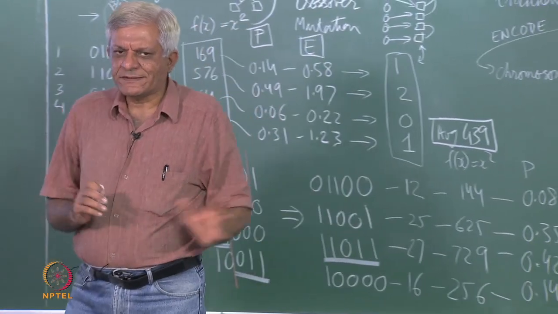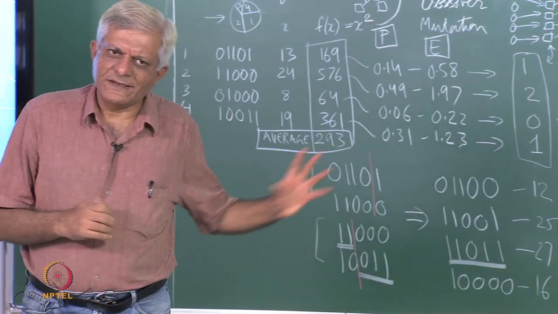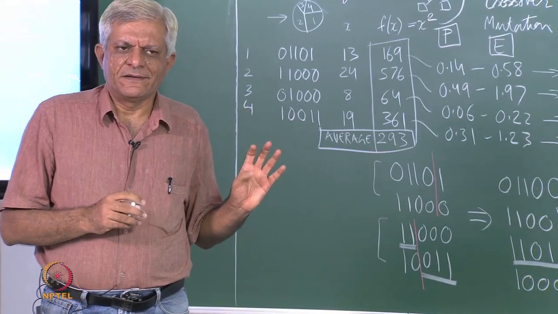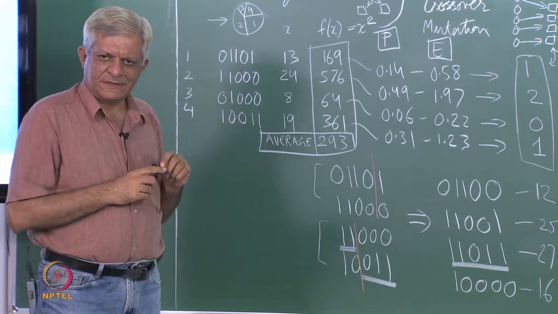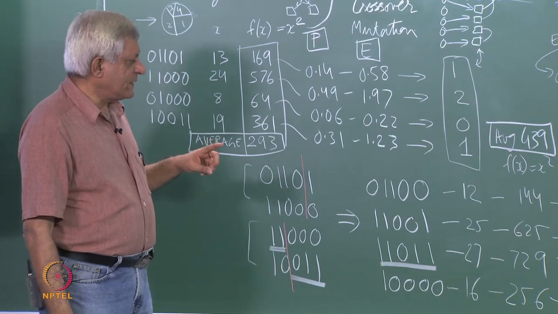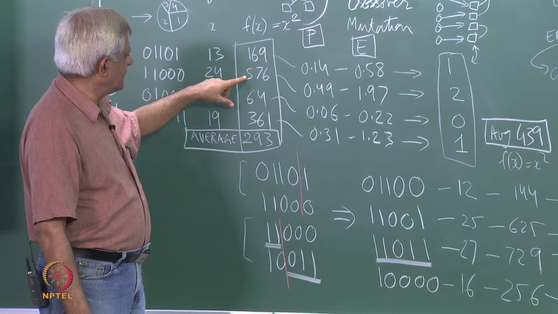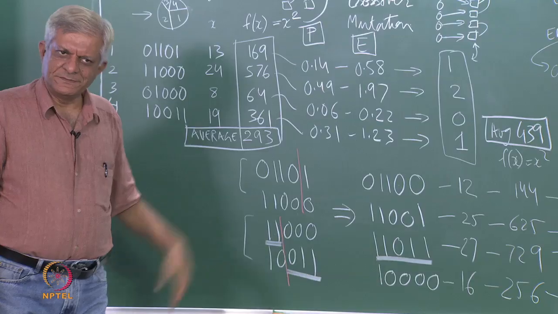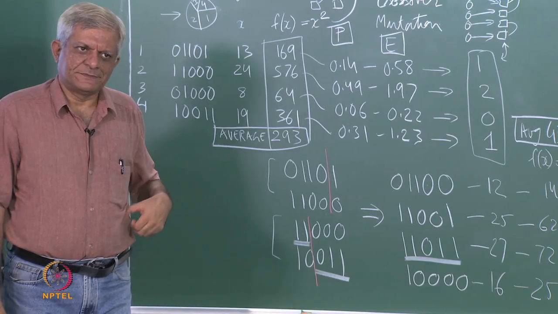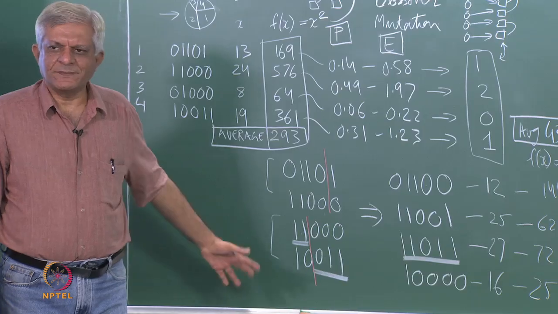So, I wanted to look at this new population and its fitness values and make some observations. Well, average fitness has gone up, as you can see it has become 439. The maximum fitness here was 576 and there it is 729. So, that has also gone up. So, is there any problem?